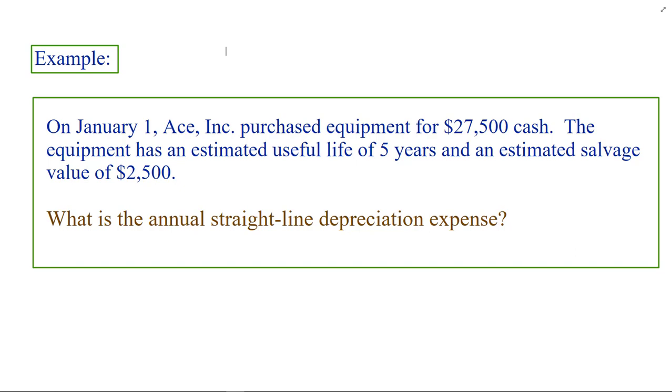The salvage value or scrap value is also based on estimation; we are expecting that after 5 years the value of the asset will be 2,500. The disposal will have a value of 2,500 USD, but that is based on expectation. Maybe the value will be more than 2,500, or less than 2,500.